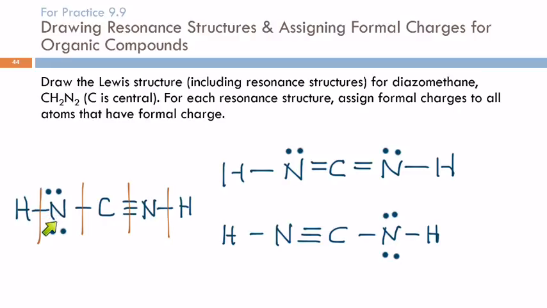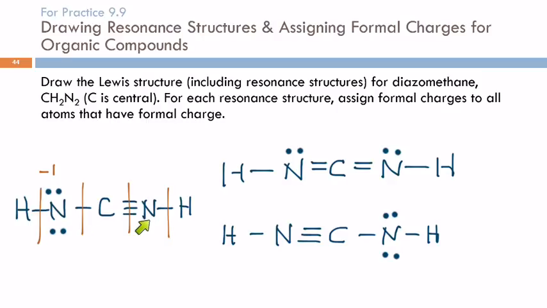So nitrogen atoms have 5 valence electrons, and then we're going to subtract the number of electrons that are here. 2, 4, 6. So what's the formal charge on this nitrogen? -1. Carbon has 4 valence electrons, and in here it owns 4 electrons, so it's going to be 0.